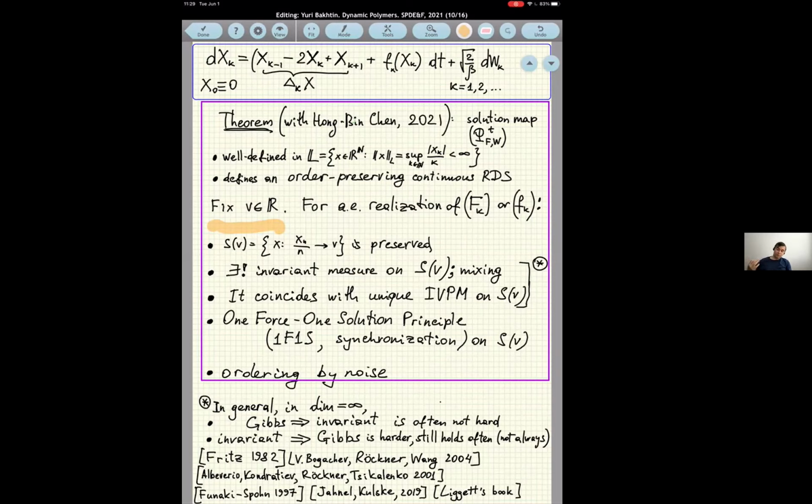Moreover, there is a one-force-one-solution principle on each of those ergodic components. If I have time, I'll talk about this. It's a form of synchronization. So basically all solutions in the long term approach each other. And the proofs are based on a phenomenon that we call ordering by noise. And I will certainly talk about this.